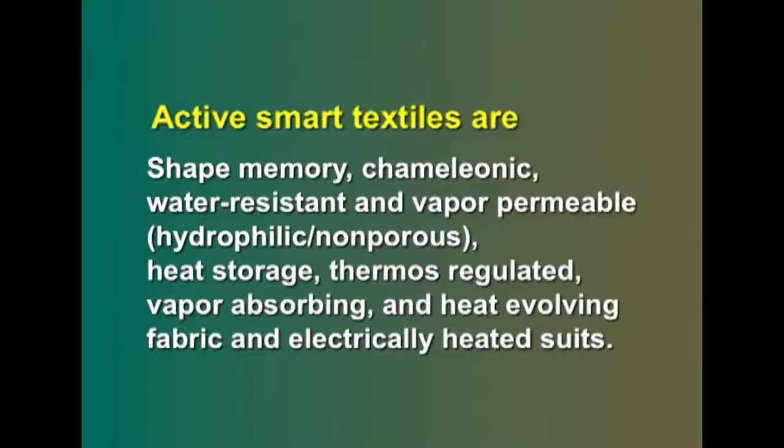Textiles which adapt their functionality to a changing environment automatically are active smart textiles. Active smart textiles include shape memory, chameleonic, water resistant and vapor permeable, hydrophilic and non-porous, heat storage, thermoregulated, vapor absorbing and heat evolving fabric, and electrically heated suits.